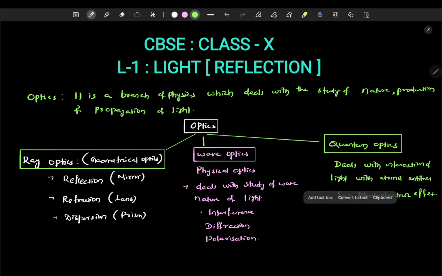Next, what is light? In this lecture we will discuss only the terms connected to this chapter, very common terms. We all know what light is. It is one of the forms of energy. When this energy falls on objects, it bounces back from the surface of objects, and when it enters our eyes, it causes the sensation of vision.